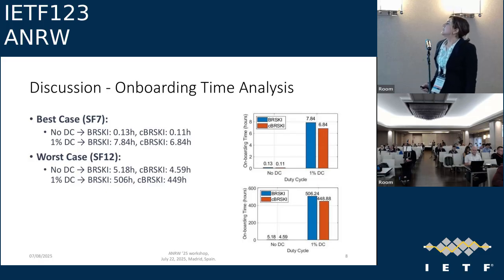With no duty cycle, we see the best results, less than 10 minutes for the whole onboarding. But with the 1% duty cycle, it is more than 6 or 7 hours. In the worst case, it comes up to hundreds of hours. With no duty cycle, it's much less.